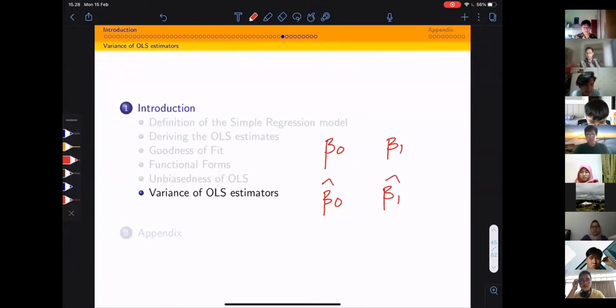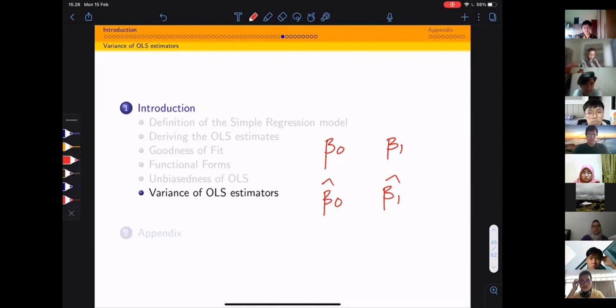If we fulfill the assumptions, including the key assumptions, then beta 0 hat and beta 1 hat are unbiased estimates of beta 0 and beta 1. If you have an unbiased estimate, it means that it's good.